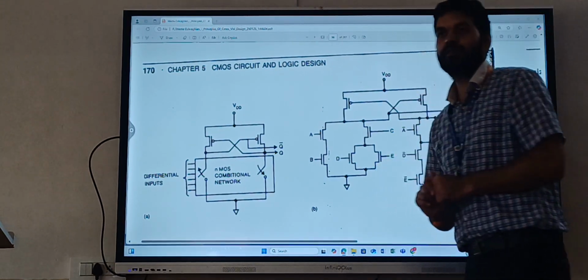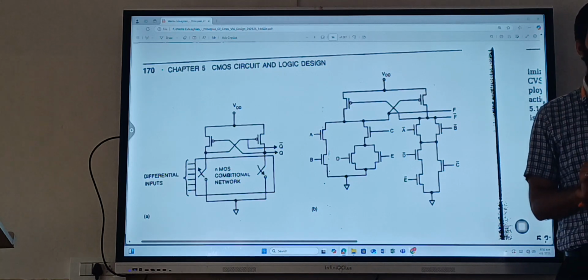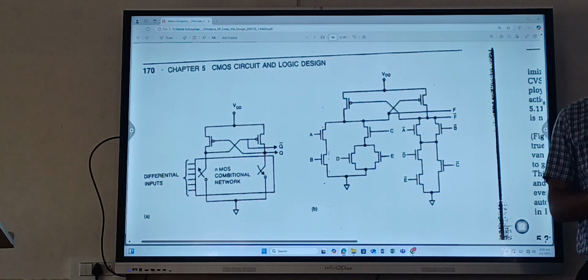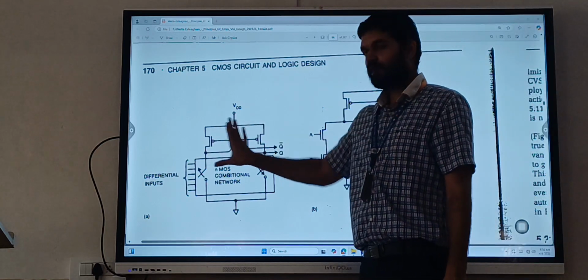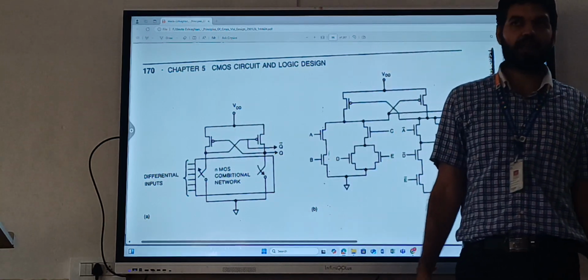Next we have cascade voltage switch logic, CVSL. This is the general diagram of that logic.